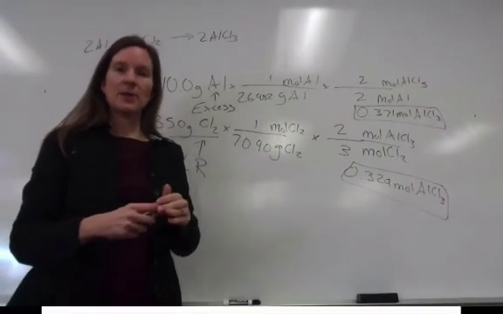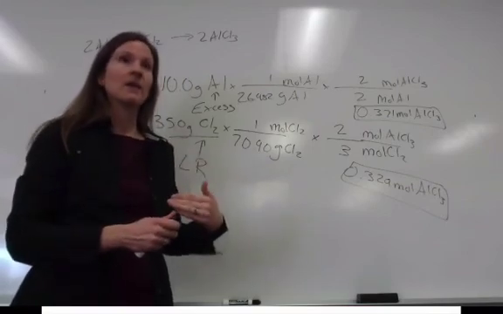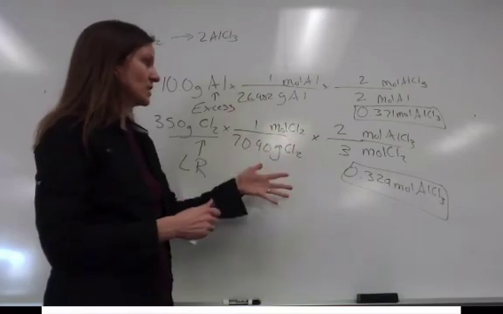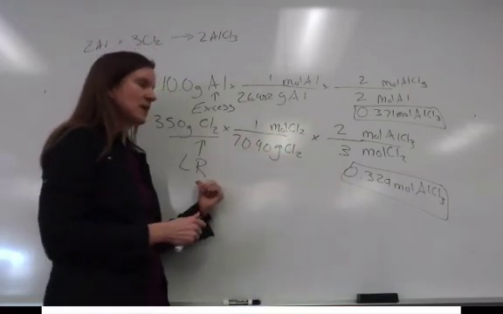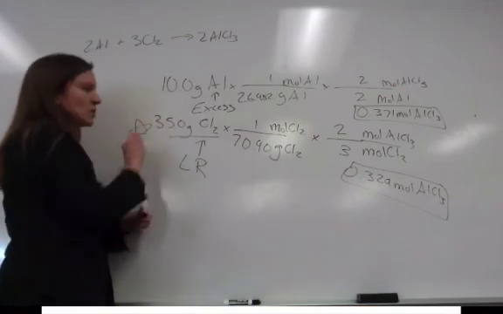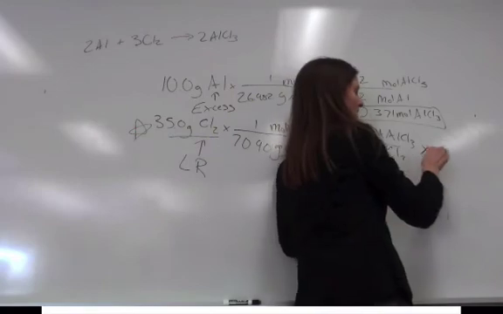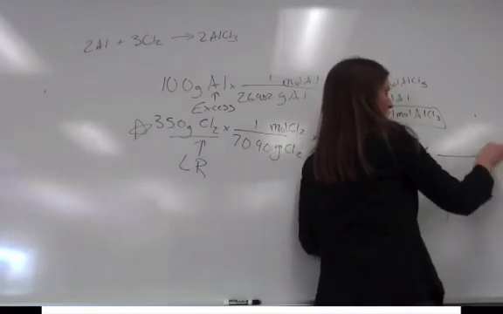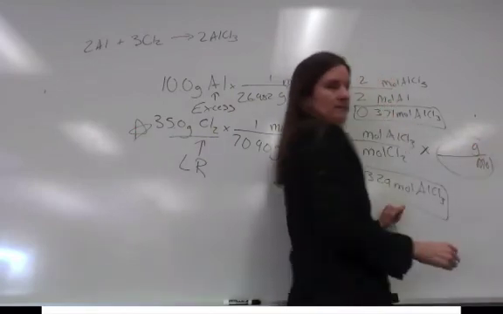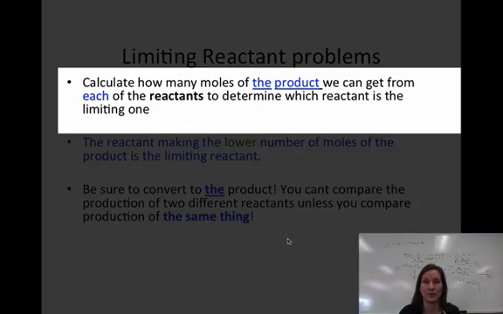The final step for this problem would be to get to grams of aluminum chloride. Well, if you look at these 2 equations, we're saying this is my limiting reactant. This is what dictates how much aluminum chloride could be made. Meaning this is the equation that I need to take to grams. So for a limiting reactant problem, here are the steps that I basically just went through.